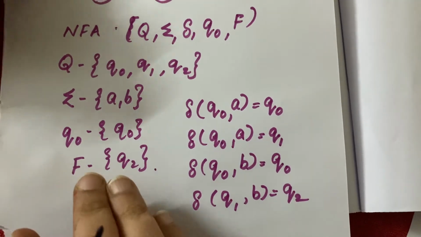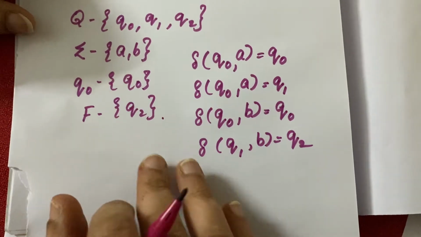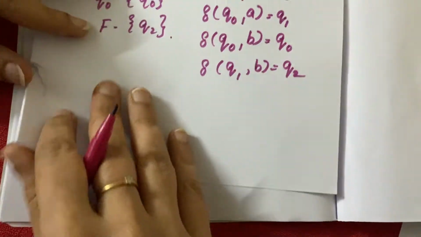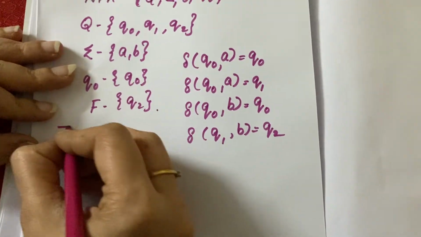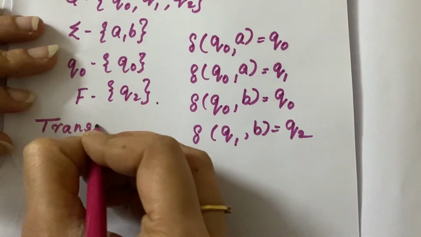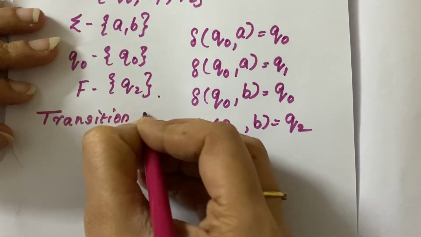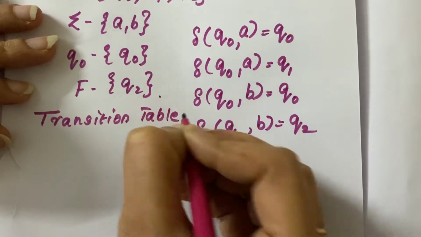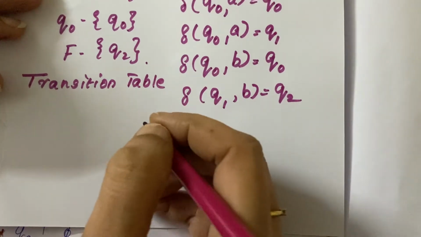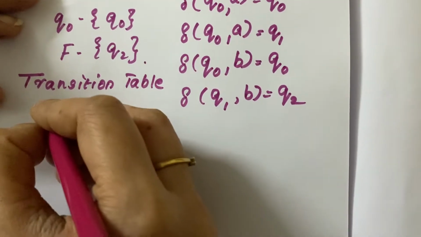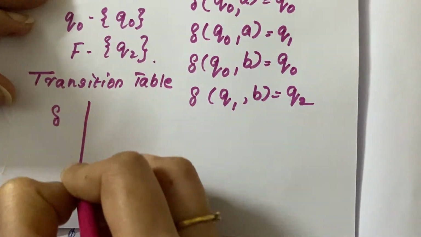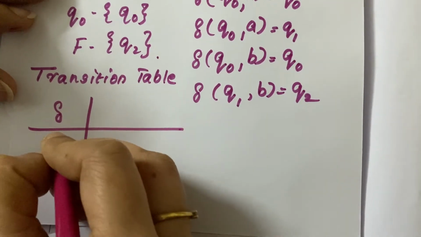Now we have to see how we can draw the transition table for this. The transition table is also a little bit different, because there will be more than one transition. How many states are there?